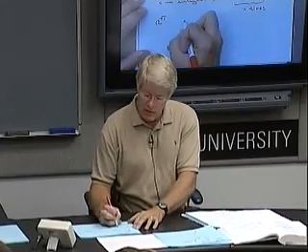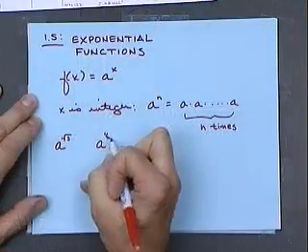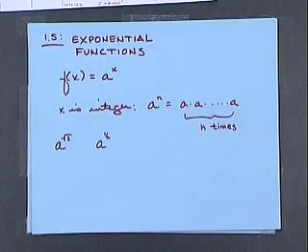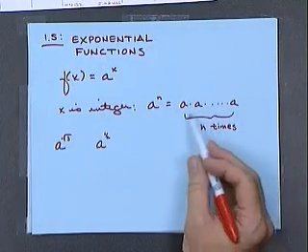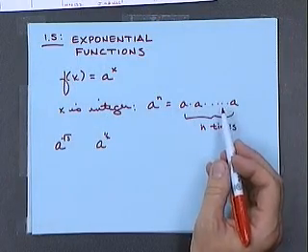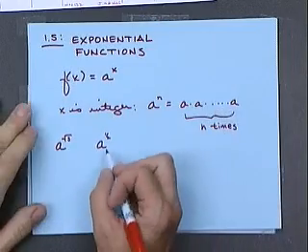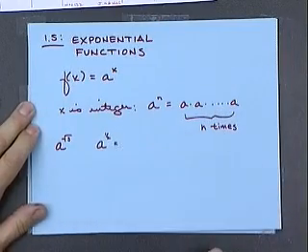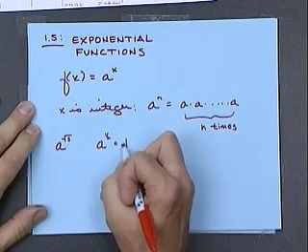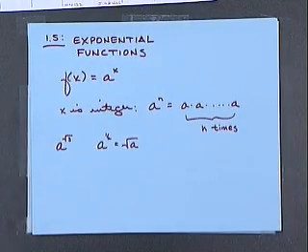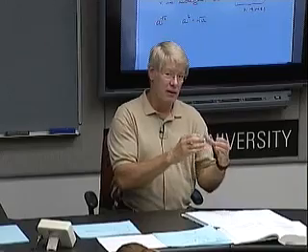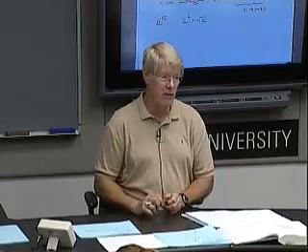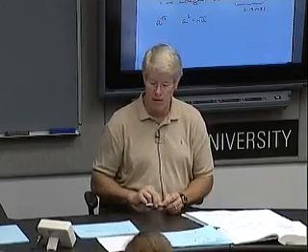Or what does a to the 1/2 mean? You can't say it means that it's used that many times as a factor. Somebody said what a to the 1/2 means. That's really the square root of a. So it's not necessarily always going to be clean in the sense that that's how many times that letter a is used as a factor.